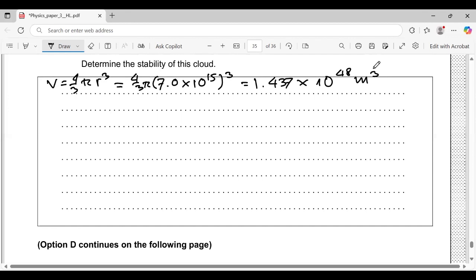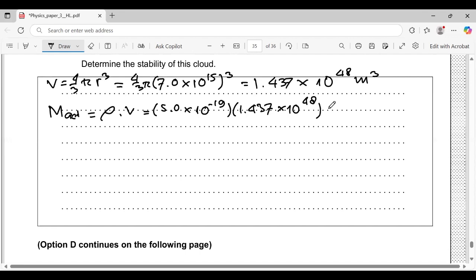After that, the next step, I would like to find mass actual, or M actual. M actual equals rho times volume. Rho is 5.0 times 10 to the power minus 19, and volume is 1.437 times 10 to the power 48.